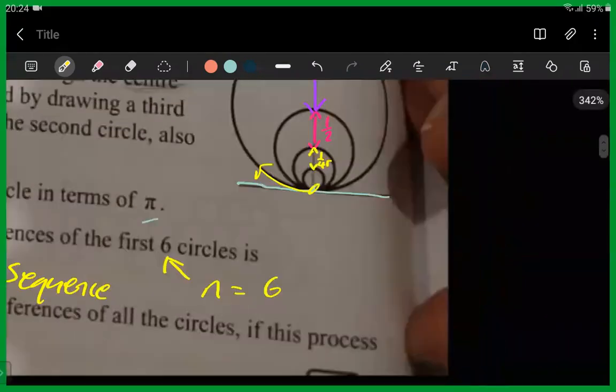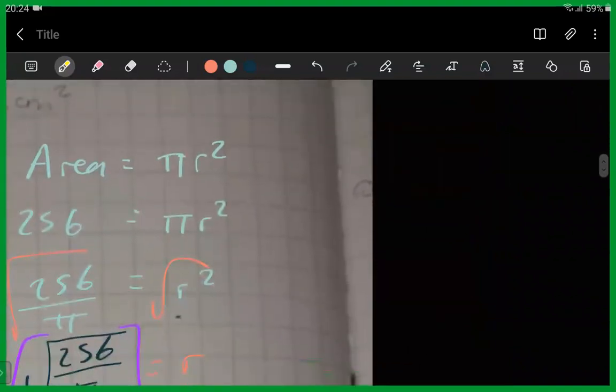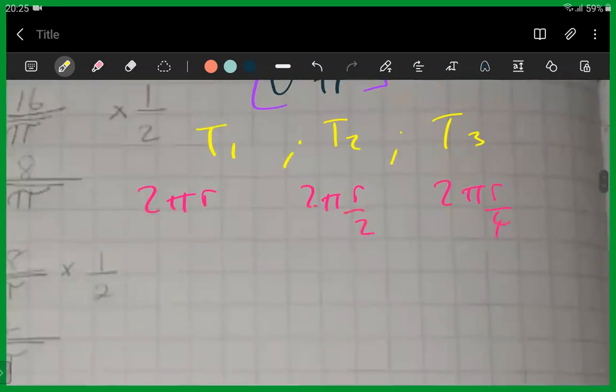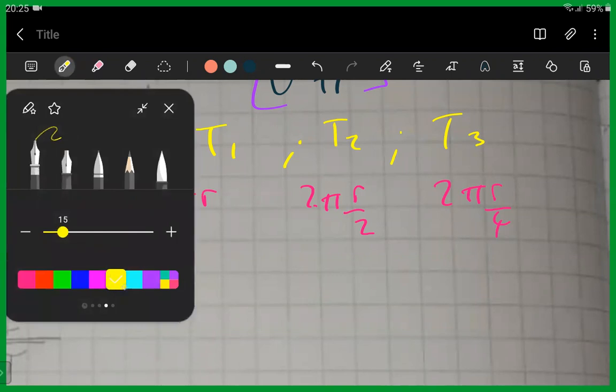Can you go back down, just a little bit down? You see there where you say 2 pi r, where did the 2 come from? Don't you just say t1, and then t2 multiplied by a half, t3 multiplied by a half? Why include the 2?